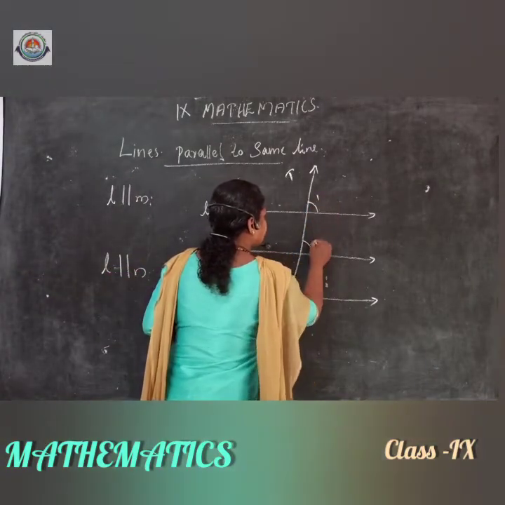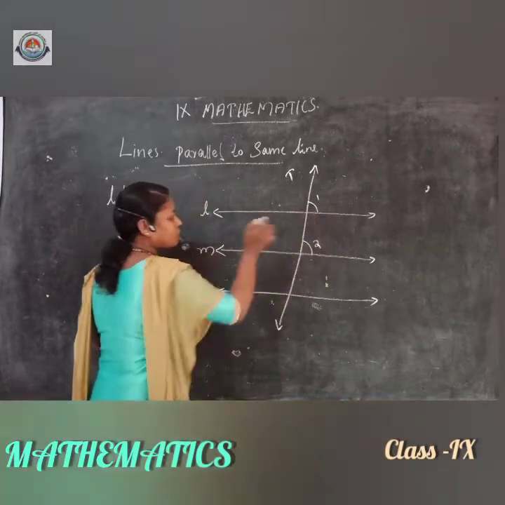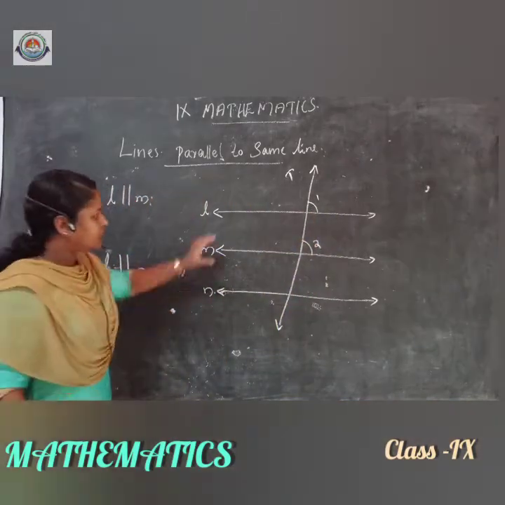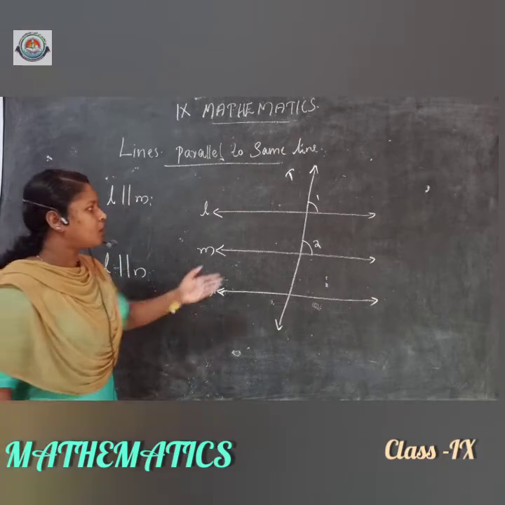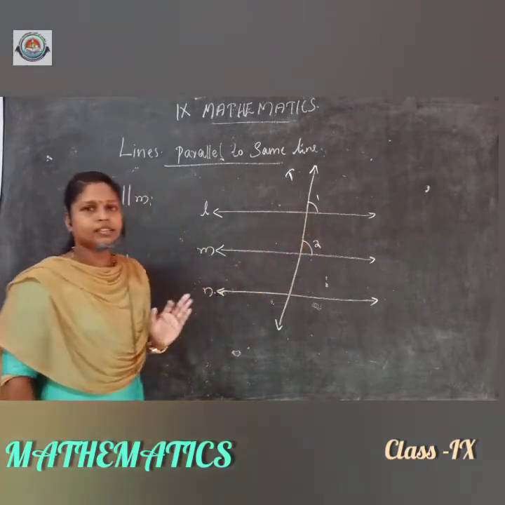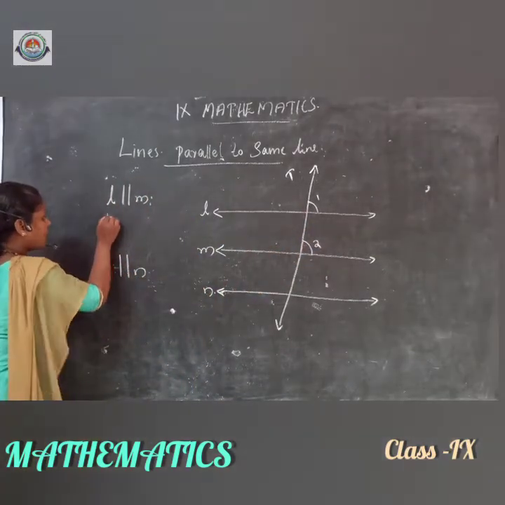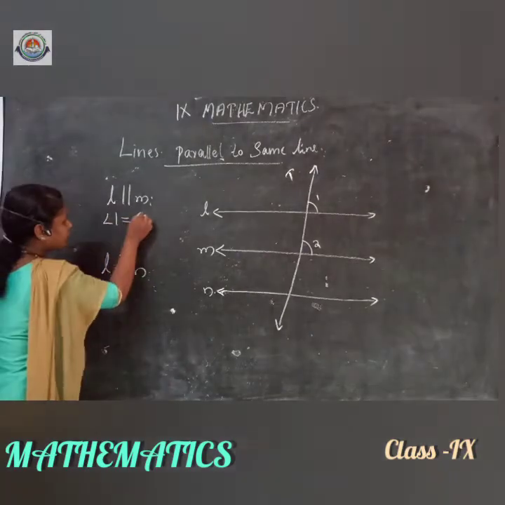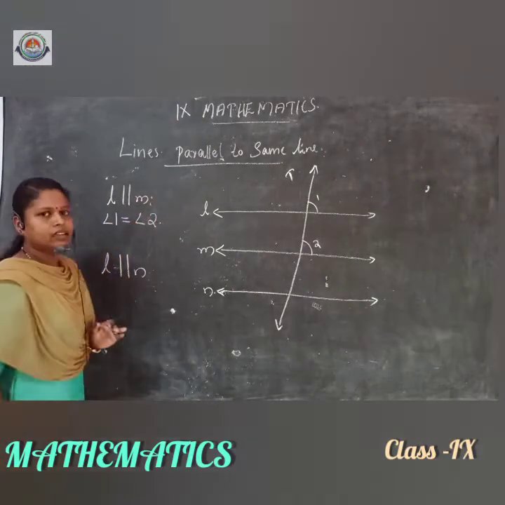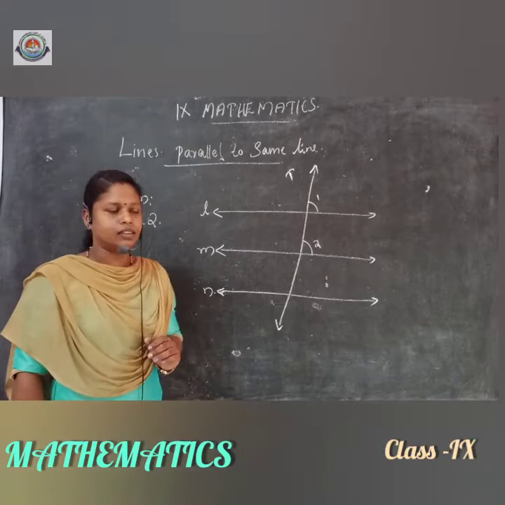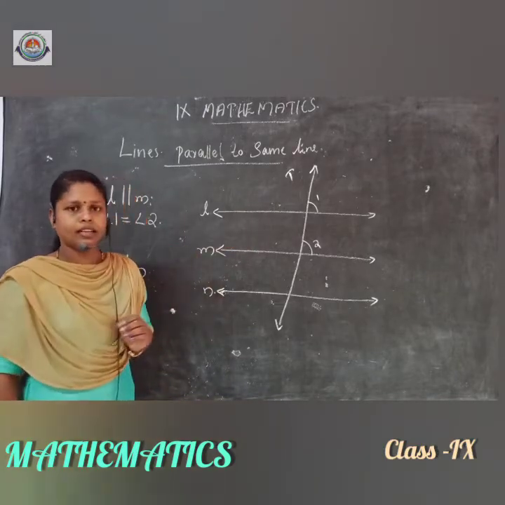Suppose we are taking this pair of corresponding angles. These lines are parallel, therefore these two corresponding angles are equal. That is, angle 1 equals angle 2. Reason: they are corresponding angles and these lines are parallel.